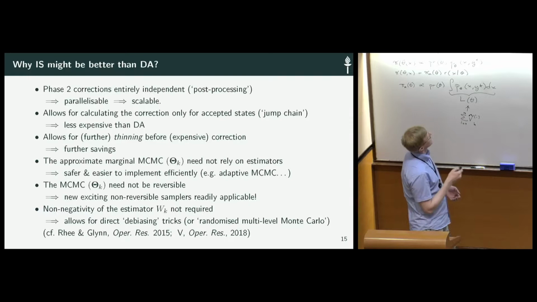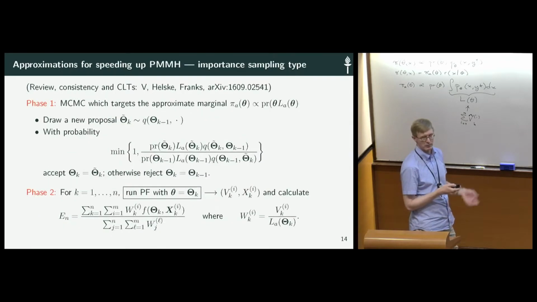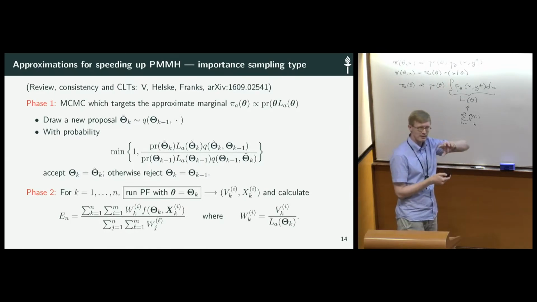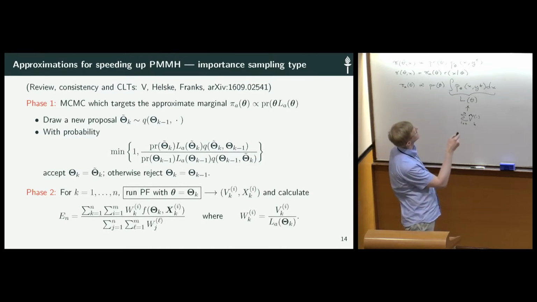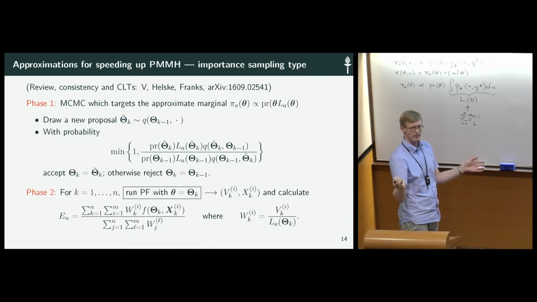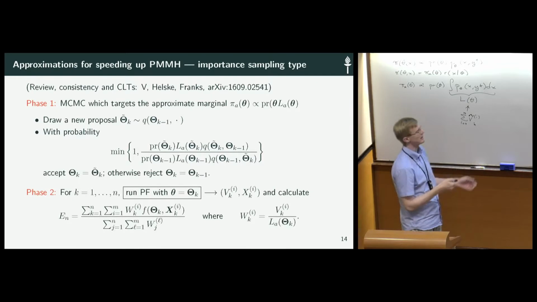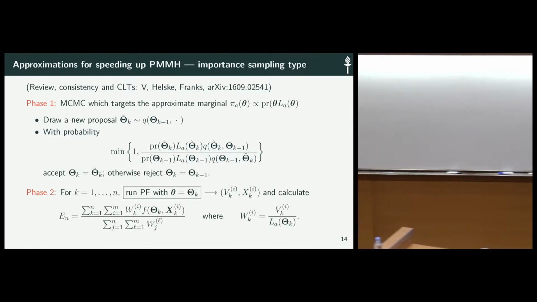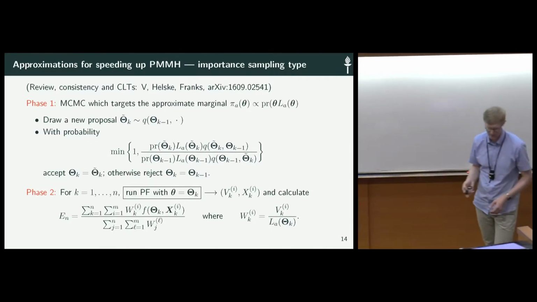Further, you can do thinning. I mean, these are all trivial remarks once you do this. Thinning doesn't often make sense in simple scenarios, but here, if this MCMC is rather cheap to run compared to the particle filter, you might want to run this for a long time and take only less values from the chain so that they are nearly independent, so that when you do the particle filter, you don't get the MCMC mixing to affect your estimator.